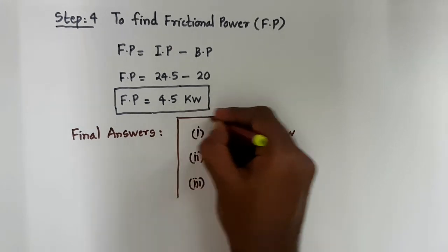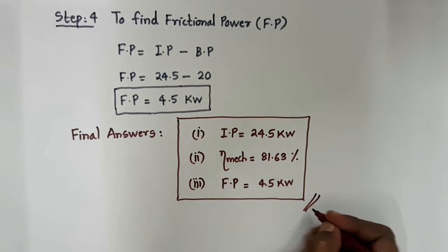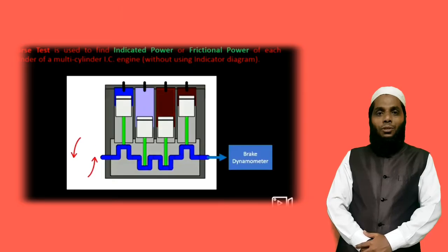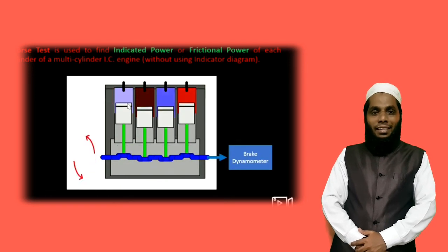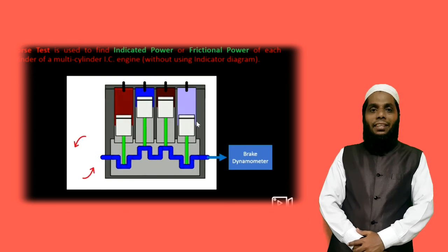So these are the final required answers. So this is about the Morse test, where we have determined total indicated power, brake power, friction power and mechanical efficiency of the system.